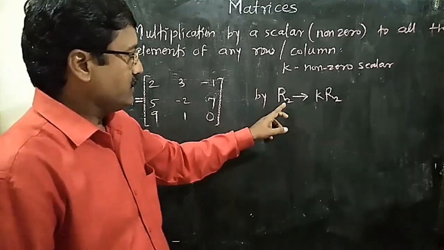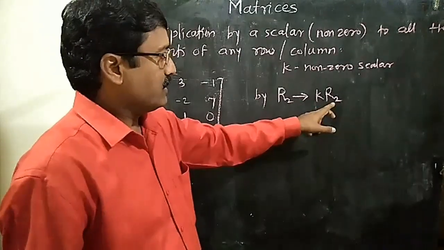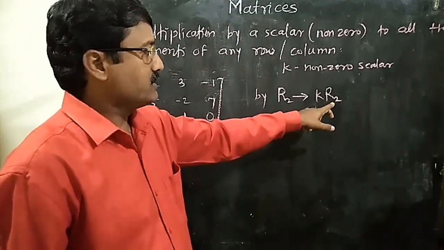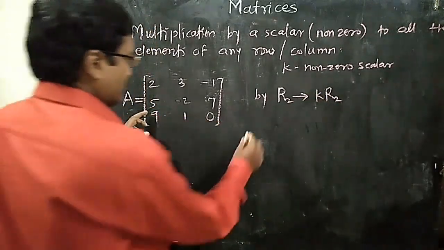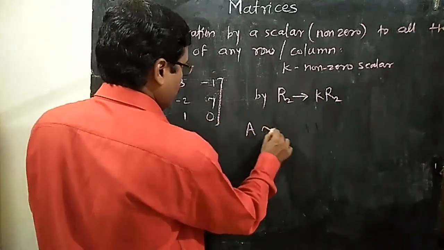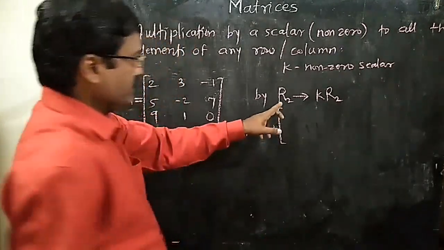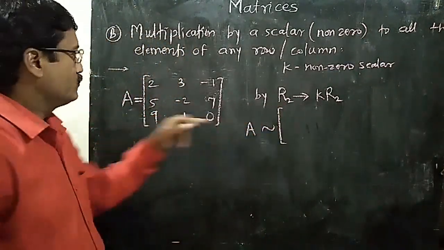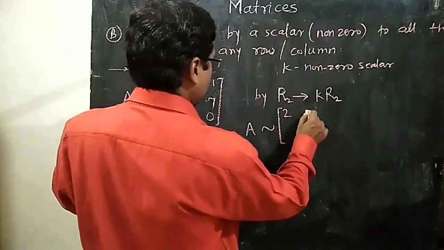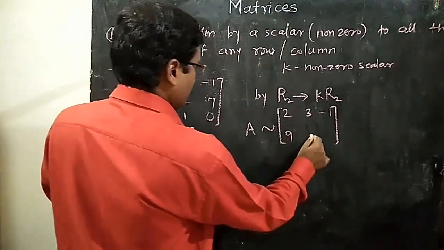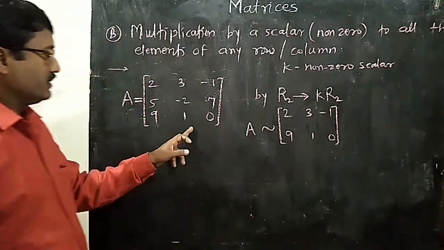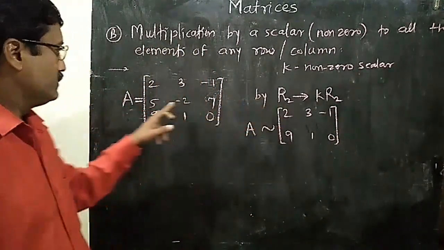This is the change in R2, so that each element of the second row is a multiple of K. Here we are changing only the second row, so the first row remains as it is, 2, 3, -1, and the third row also 9, 1, 0. A change only in the second row.